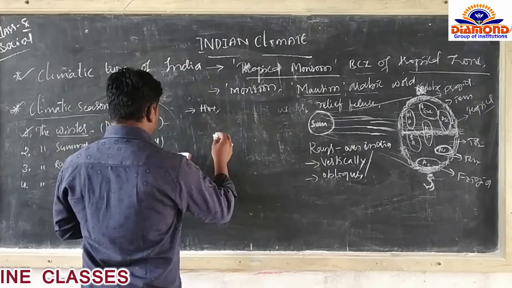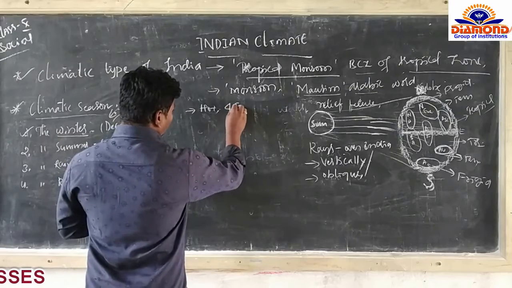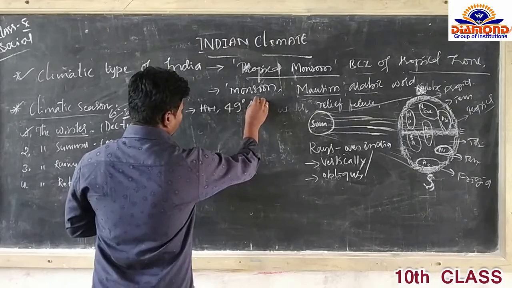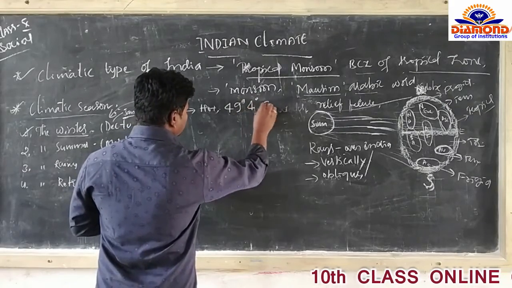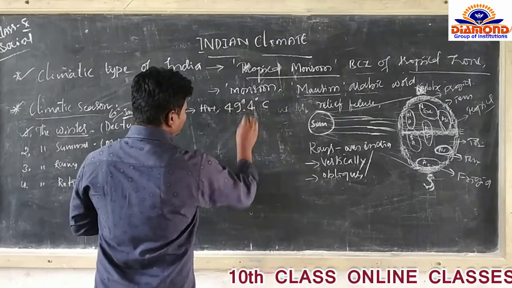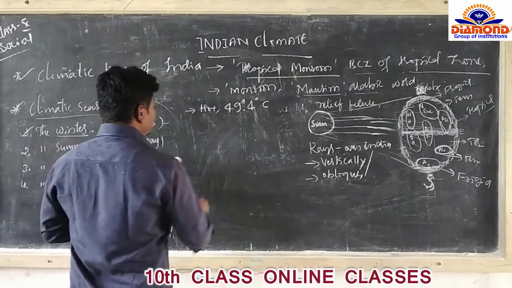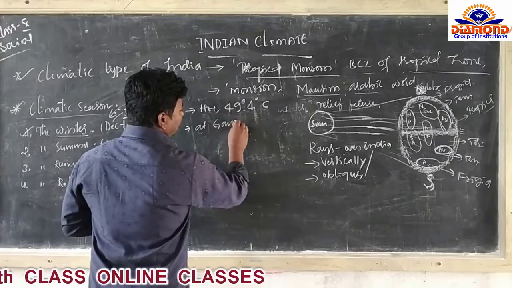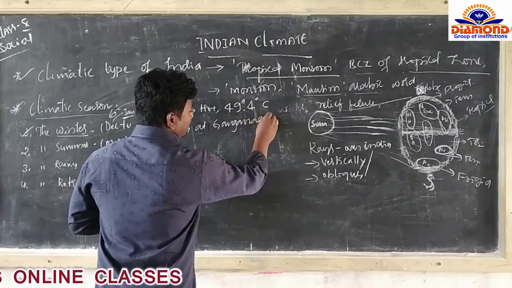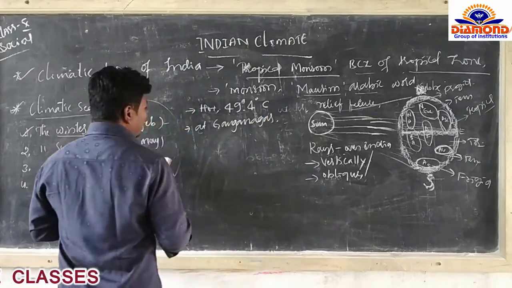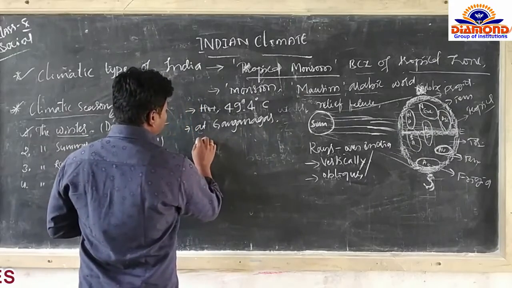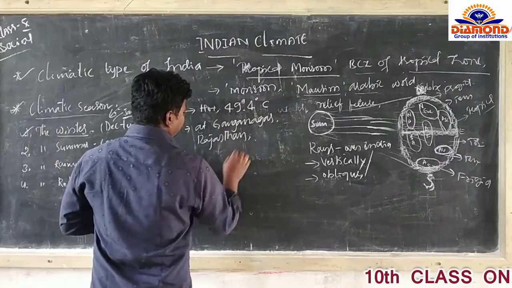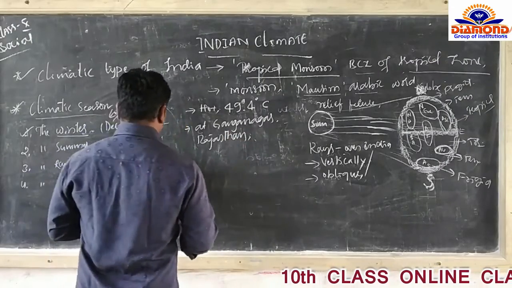The highest recorded temperature is 49.4 degrees Celsius, at Ganganagar, which is in Rajasthan.